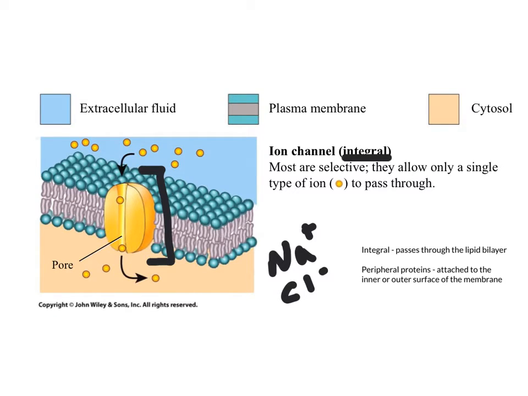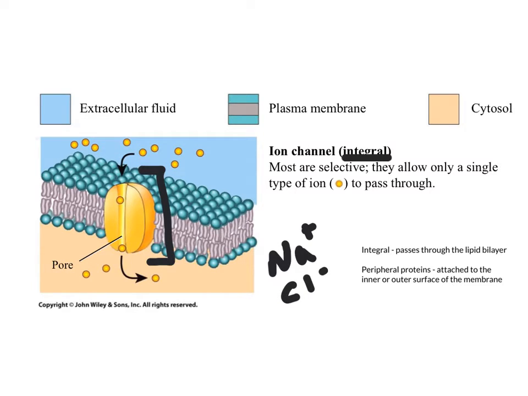So these ion channels are proteins, and they extend through the plasma membrane, and usually they only let one type of ion pass by. For example, you'll have a sodium ion channel or a chloride ion channel or a potassium ion channel. And when it opens up, it will allow these ions to pass through.